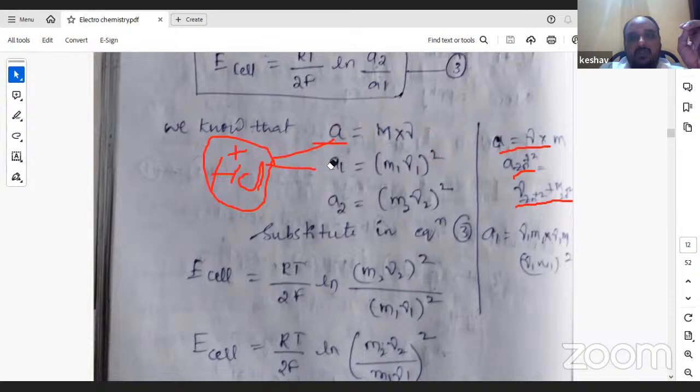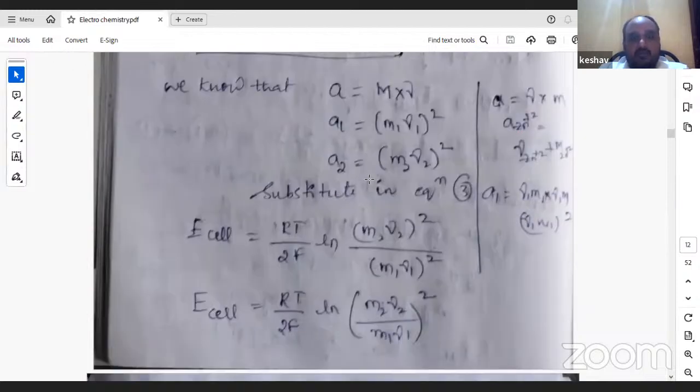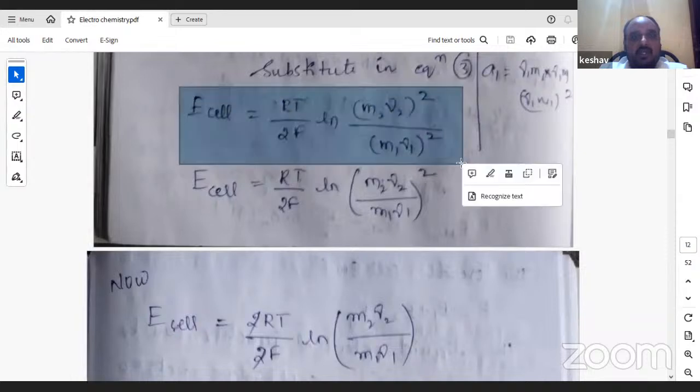Similarly for activity A2, that is M2 gamma 2 square, right? So these two values are substituted in the above equation, and we get E cell is equal to RT by 2F ln M2 gamma 2 square by M1 gamma 1 square.